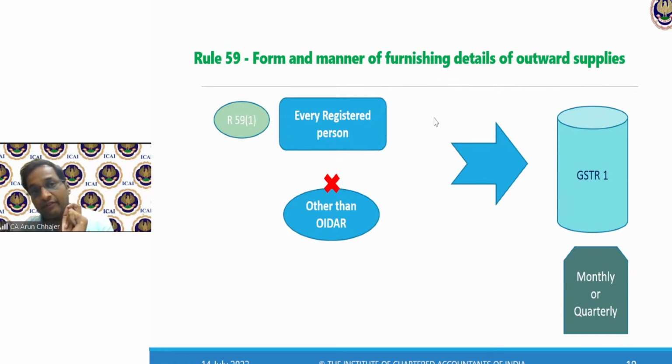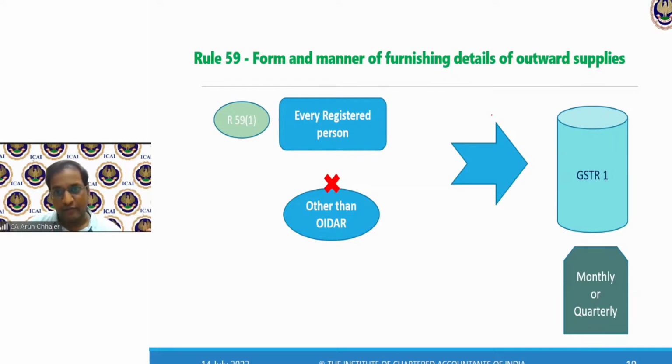What is the GSTR1? GSTR1 is the details of outward supply. It means I have to furnish the details of my sales in the GSTR1, sales or service, anything.